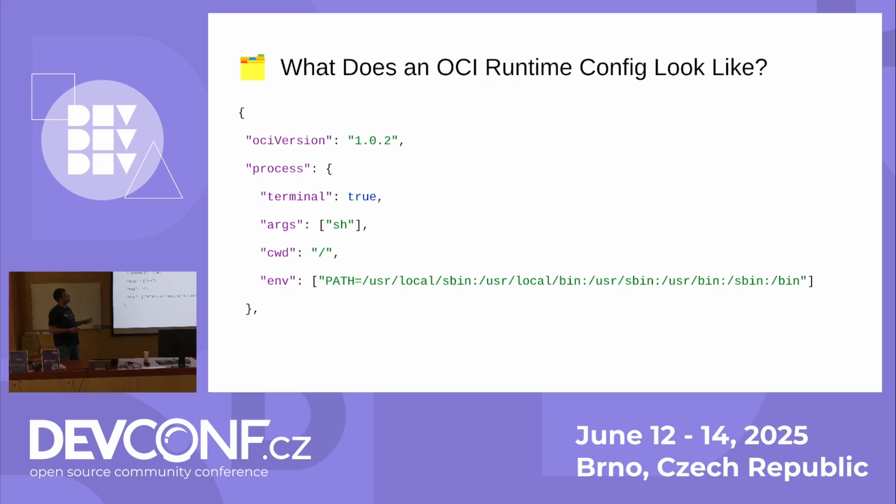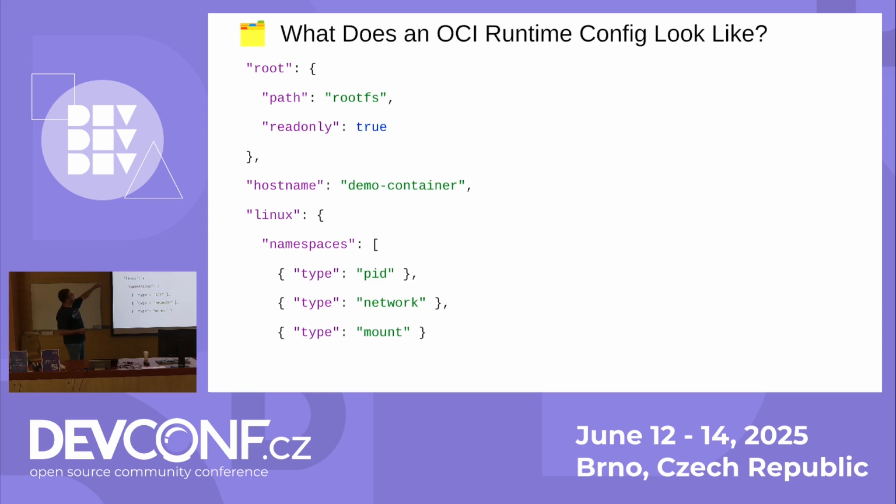So here is an example: if we take the OCI runtime specification, with that specification, you can, in a declarative manner, define how you would like your application to run inside the container, and the container runtime will just do what you define here. So for example, you can define the process you want to run in the container, the environment variable, the arguments.